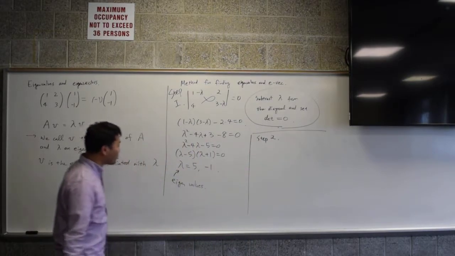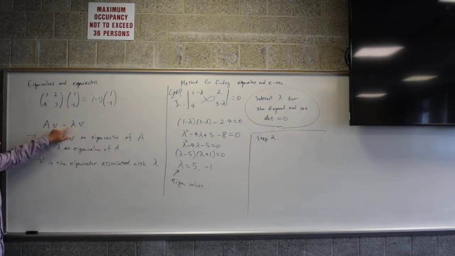One way to do it is to plug in 5 here, put this matrix here, set V as (a, b), and solve for a and b. That's one way to do it.